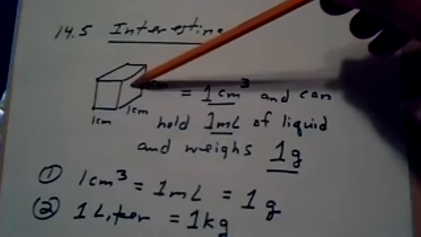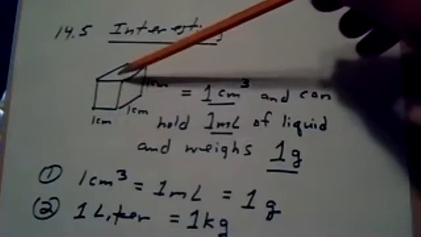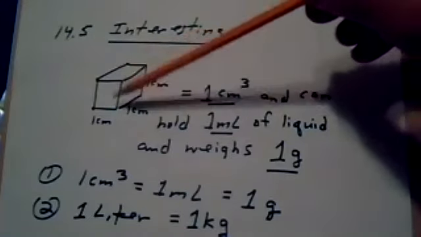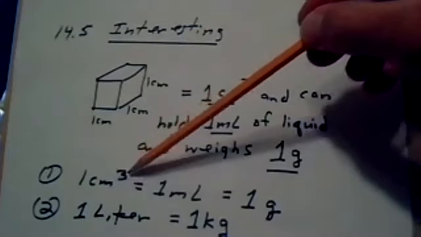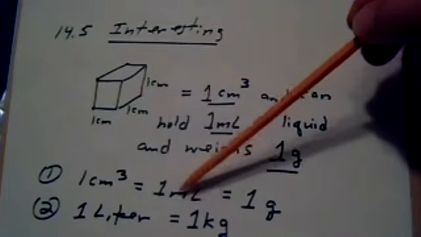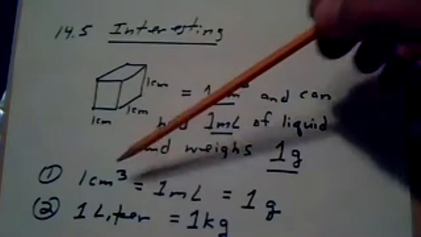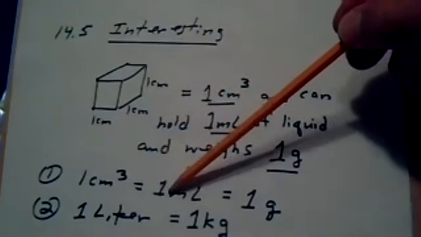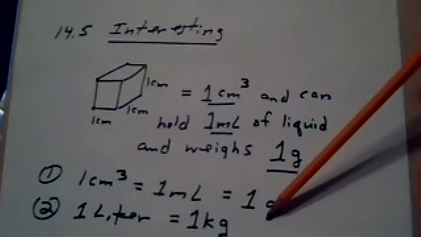The volume of this three-dimensional figure is 1 centimeter cubed, right? Well, if you were to fill it with water, you would be able to fill it with 1 milliliter of water. So this will hold 1 milliliter. And not only that, if you were to weigh this, it would weigh 1 gram.